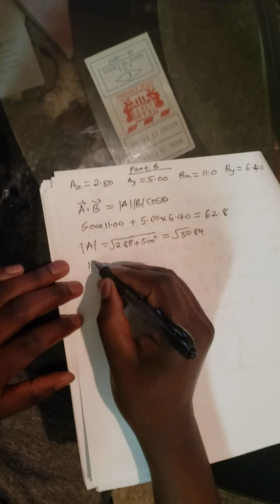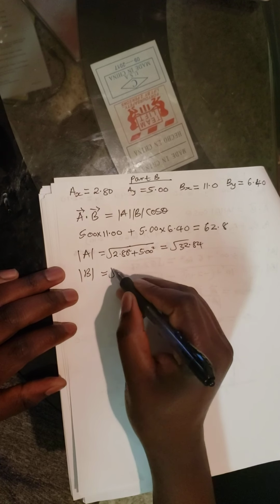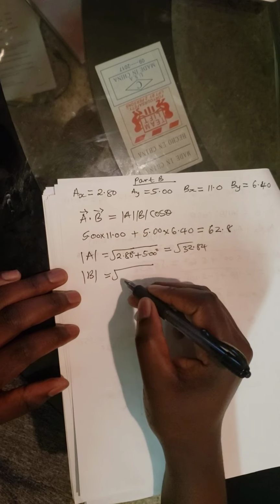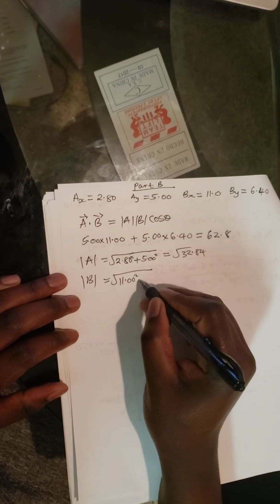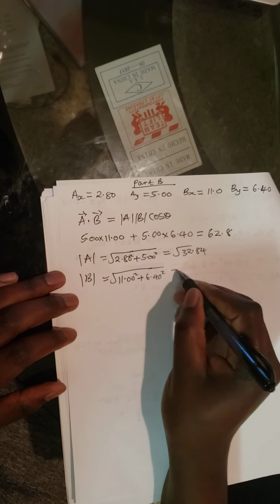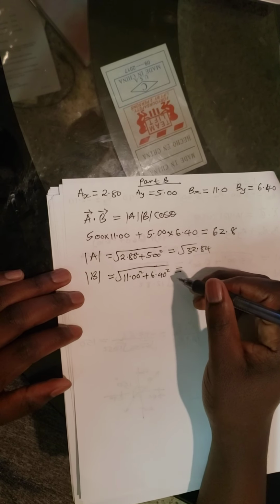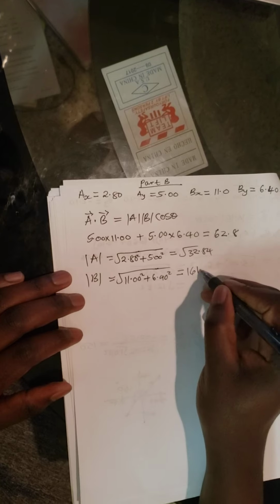And I'm going to find the magnitude of vector B, which is the square root of 11.00 squared plus 6.40 squared, and of course it gives me 161.96.